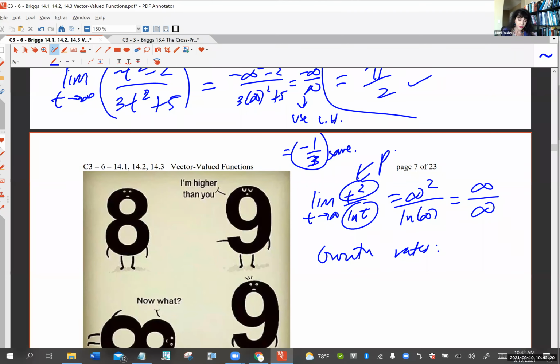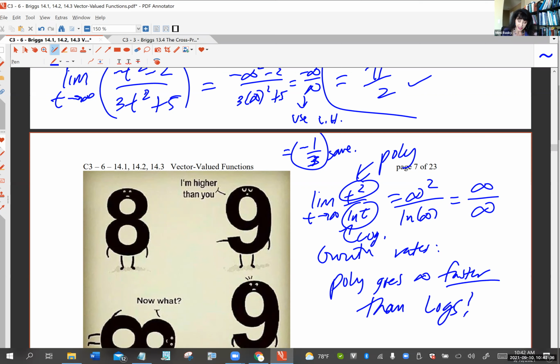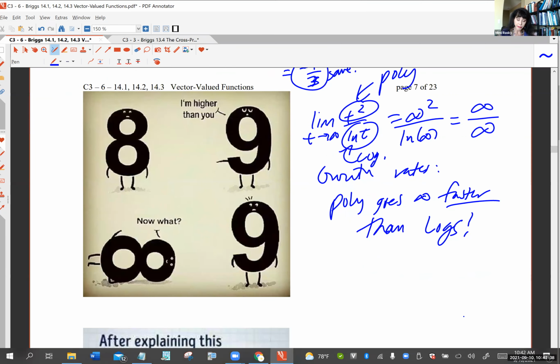The polynomial that's in the numerator or the logarithm in the denominator? Does anybody remember the hierarchy of growth rates? Polynomial. Yeah, polynomial goes to infinity faster than logs. And since the polynomial is in the numerator, what does that mean that the overall limit is going to be?